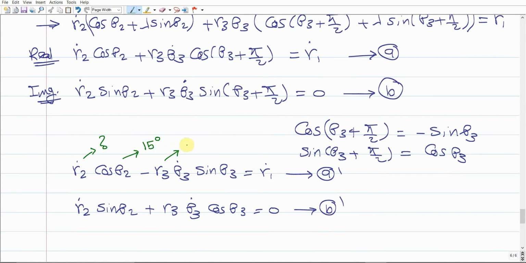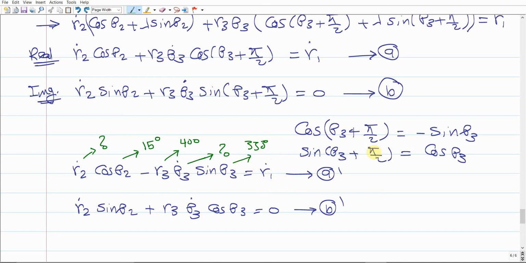So what does it mean? R3 is already given by 400 millimeter. Theta 3 dot is unknown. Here we are talking about theta 3 dot, but theta 3 itself, the angle itself, is already given by 330 degrees. R1 dot is given by negative 40,000. Take care of this value.